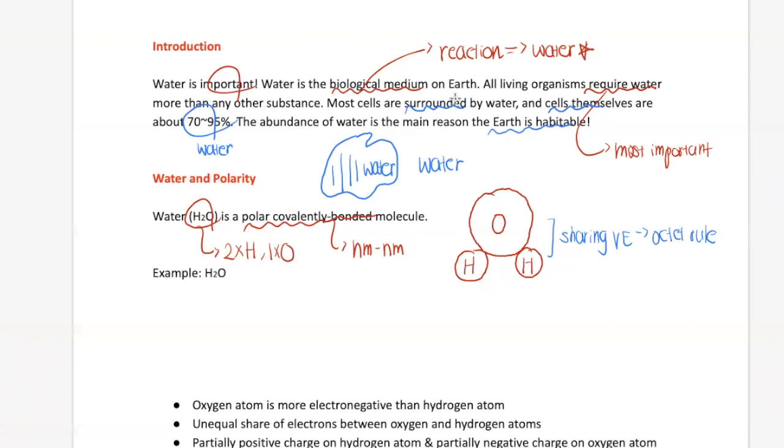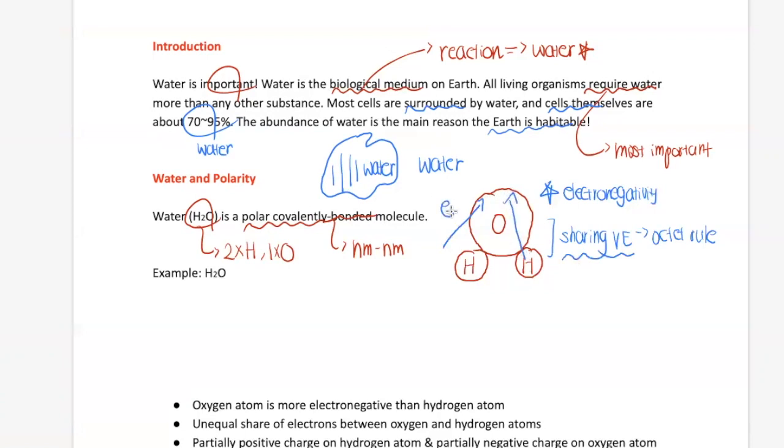If I say a molecule is polar, let's talk about electronegativity. We learned the concept of electronegativity, and we learned that oxygen is one of the elements with the highest electronegativity. So what's going to happen? They're technically sharing valence electrons, but the oxygen atom is pulling the electrons more towards itself.